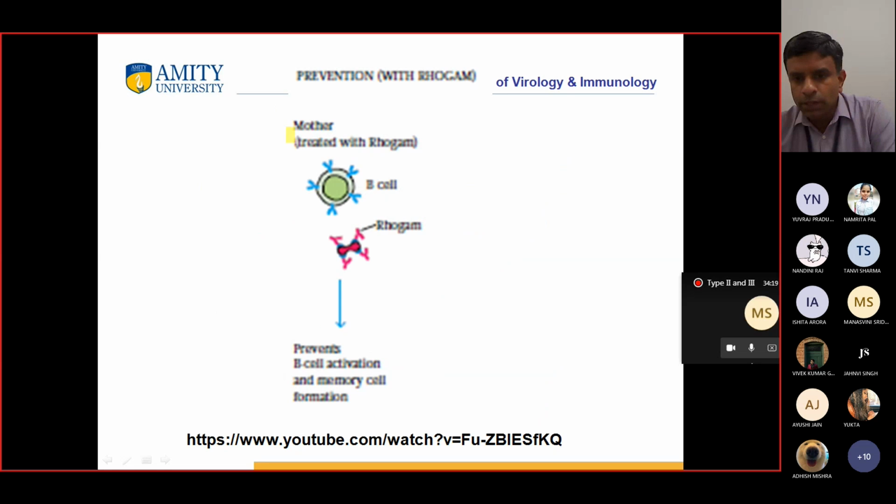Now if we give ROGAM, the B cells will not get activated, because the ROGAM will bind to the fetal RBC. So in this case, your B cells will not get activated, and this prevents B cell activation and memory cell formation. Okay, clear?